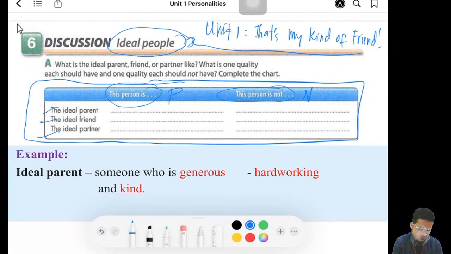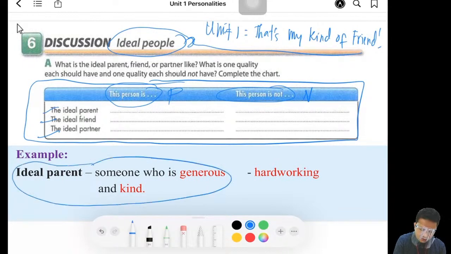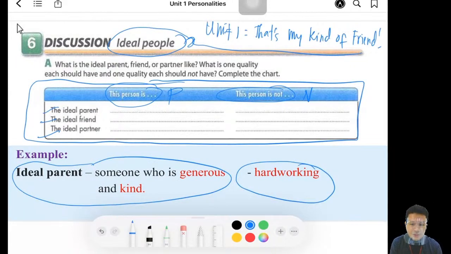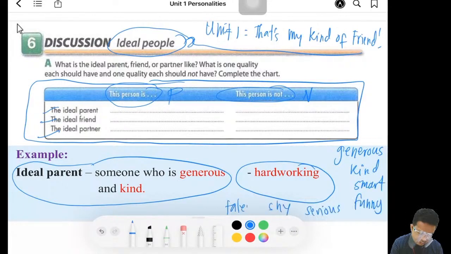Okay, for example, number 1, the ideal parent that you want to have. Notice that we're going to use this structure and this vocabulary word, any vocabulary words that you learned a while ago, like generous, kind, smart, talented, and many others. So, that's right.